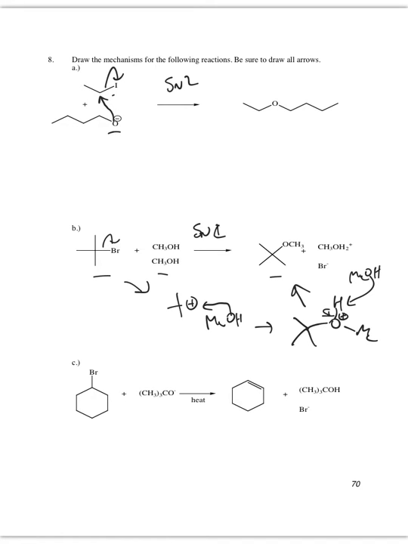And then the last one, we see a strong base, we see heat, we see a very sterically hindered strong base. So this is going to have to be an E2. And so the strong base is going to grab a hydrogen on the adjacent carbon, form the double bond, kick out the leaving group, all in one step, and we're done.